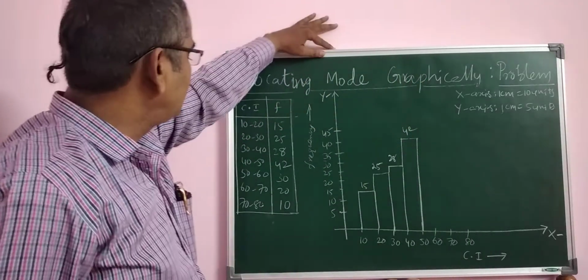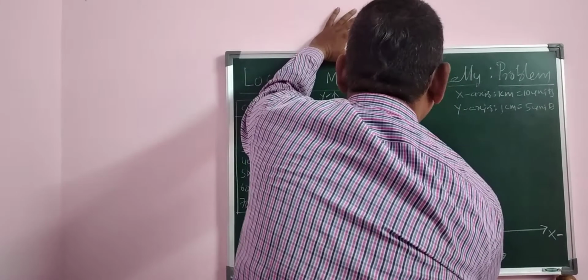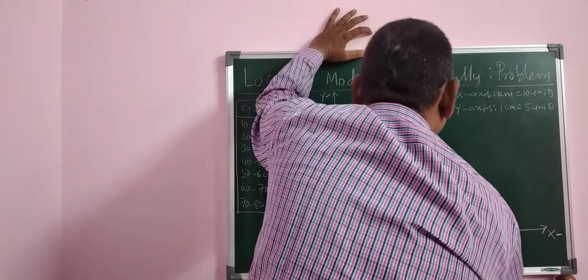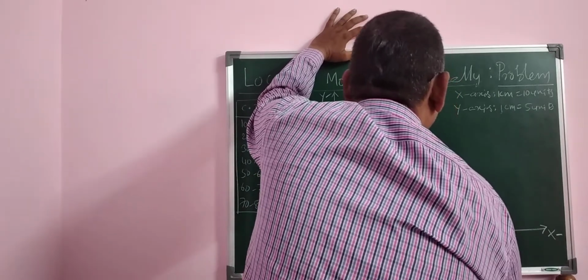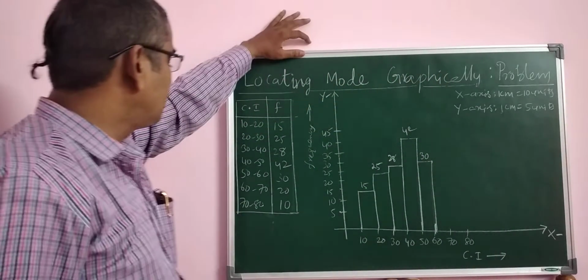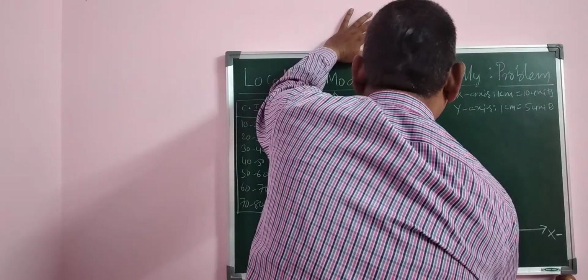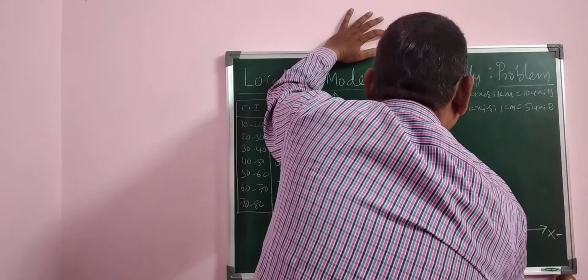And then you consider 30, it corresponds to 50 to 60. After 28 it is probably 30 here. And then 60 to 70, the corresponding value is 20, after 15 it is 20.